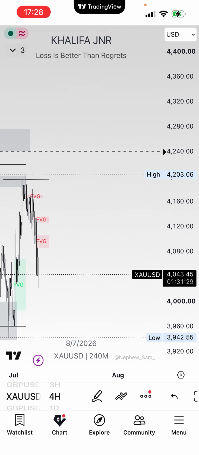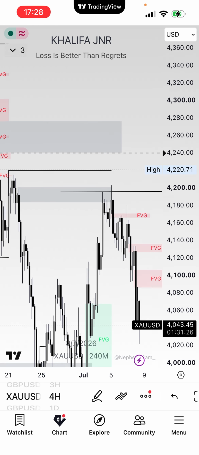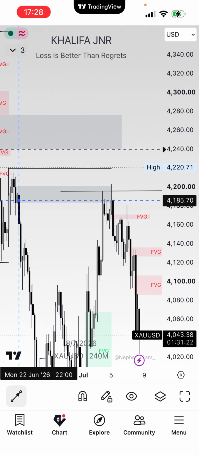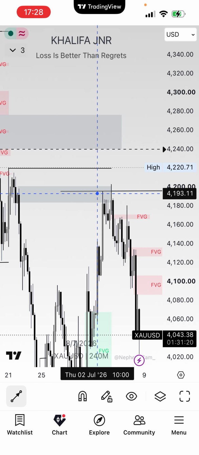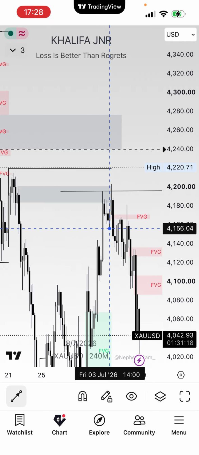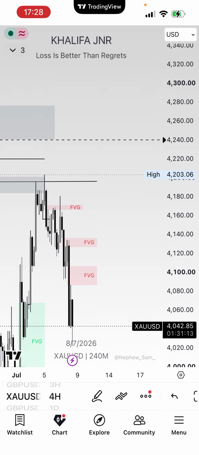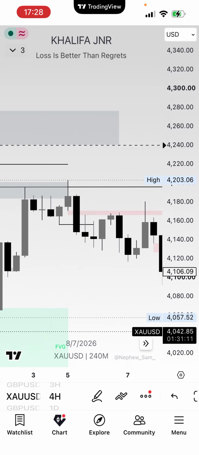So price tapped on this 4 hour supply zone. I saw that it shifted structure. Let me zoom in very well. You can see the shifting market structure.